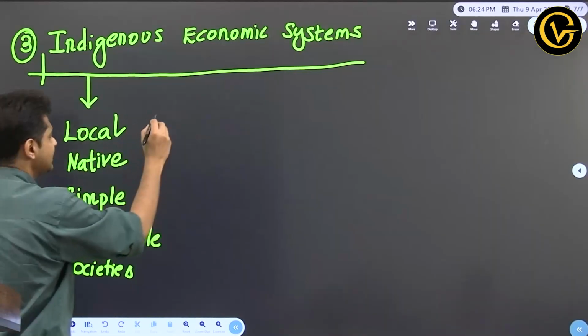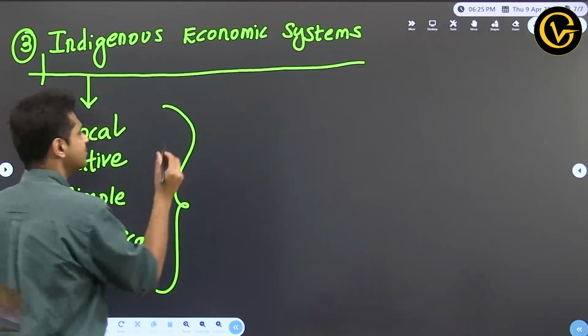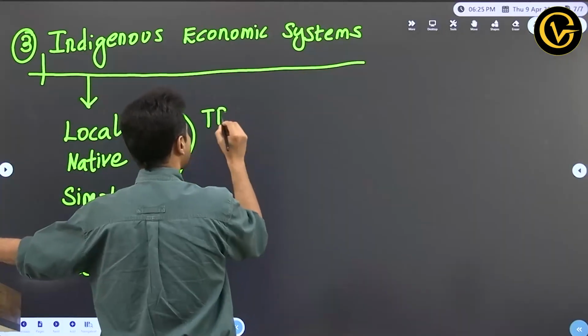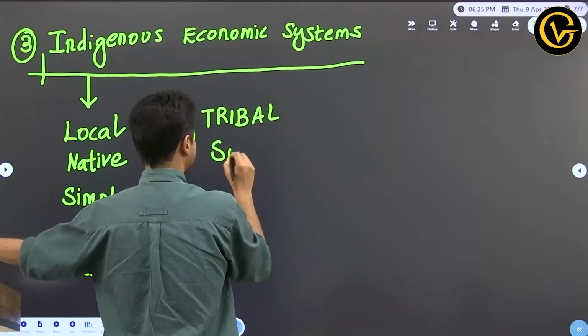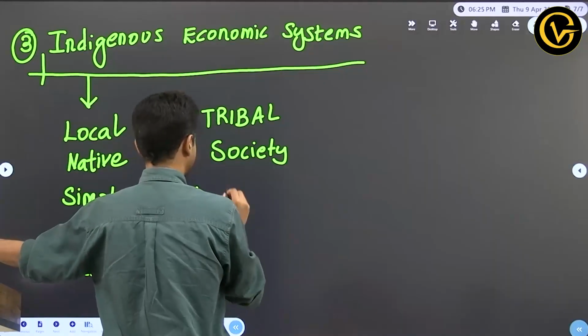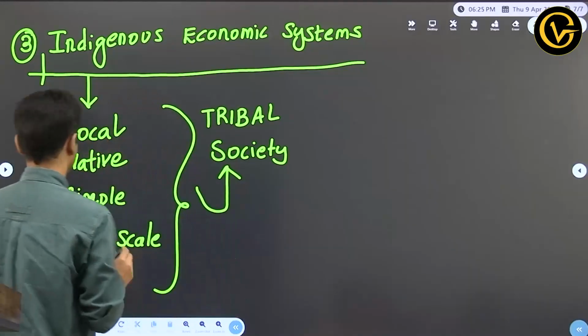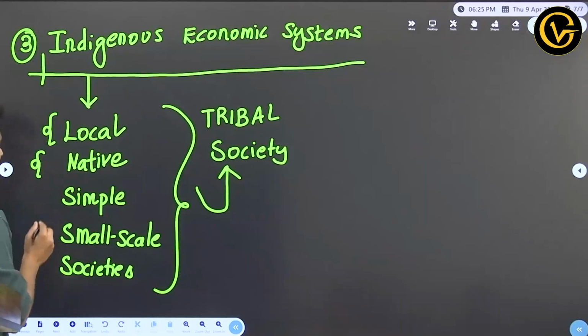To immediately strike an imagination in your mind, assume it as a small tribal society. Let's assume a small tribal society which is living in the proximity of the forest. It's a small localized, nativized, simple, small scale society.